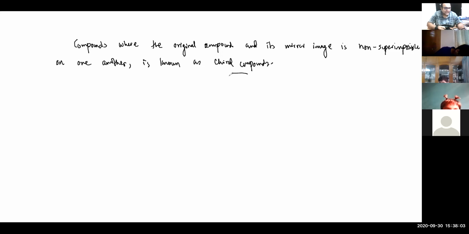You can say, sir, they are different compounds, so why does it matter? This is what we have to clearly figure out: they are not different compounds.